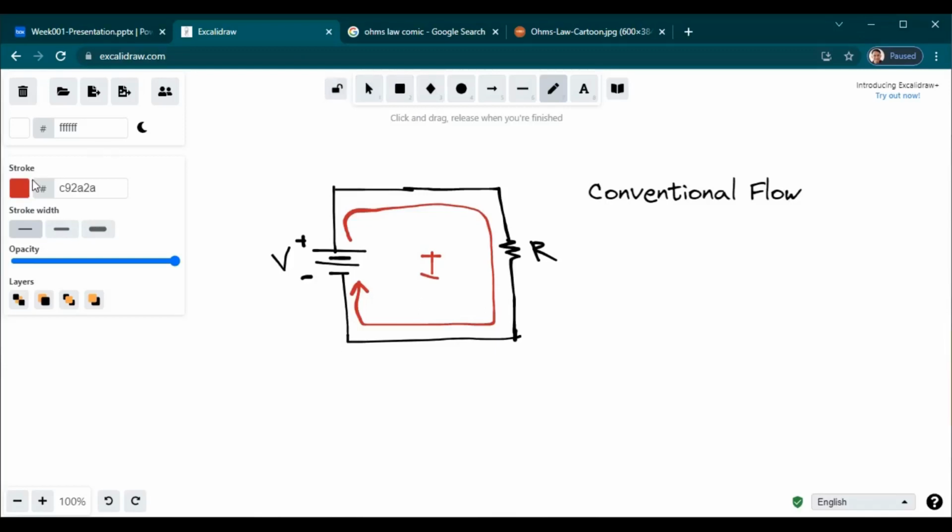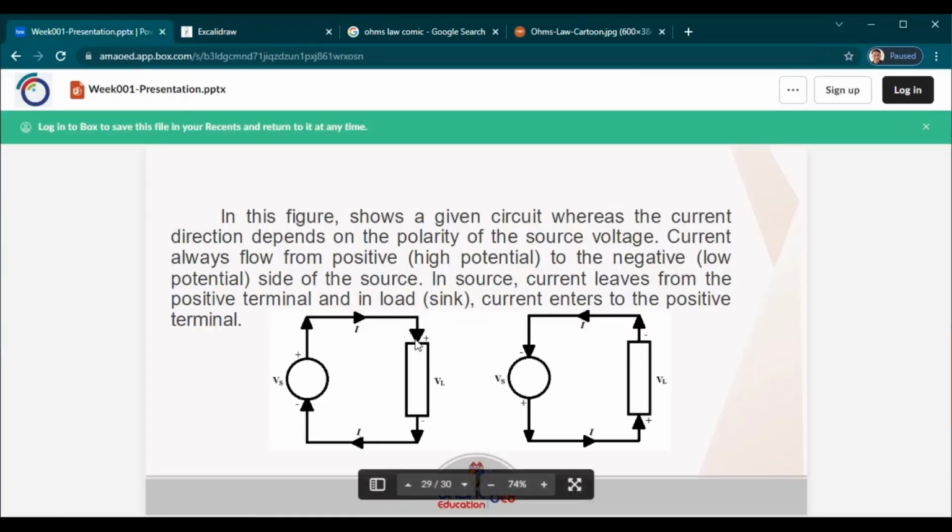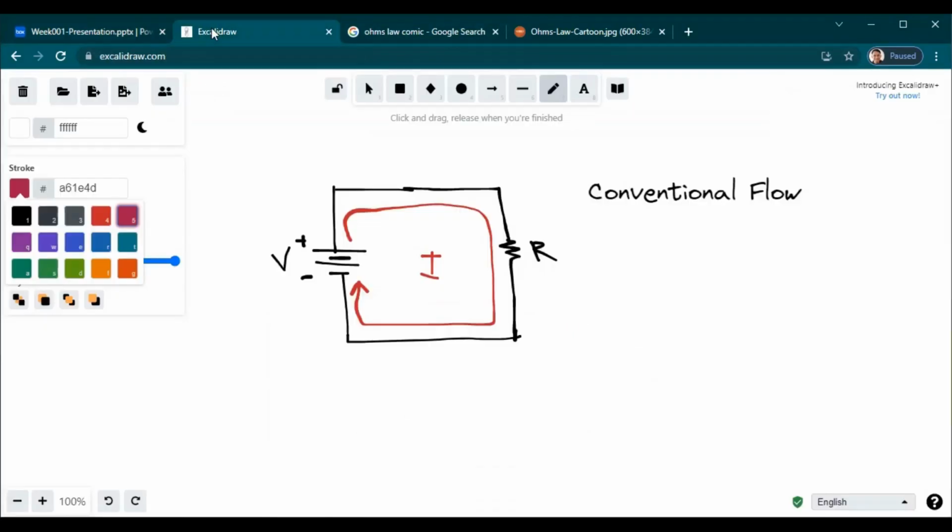And when we say sign convention, it means how we treat the signs in our components. As you can see in here, from the positive terminal of the voltage source going to the first terminal of the load, or any component that the current will pass through, that terminal will be treated as positive.